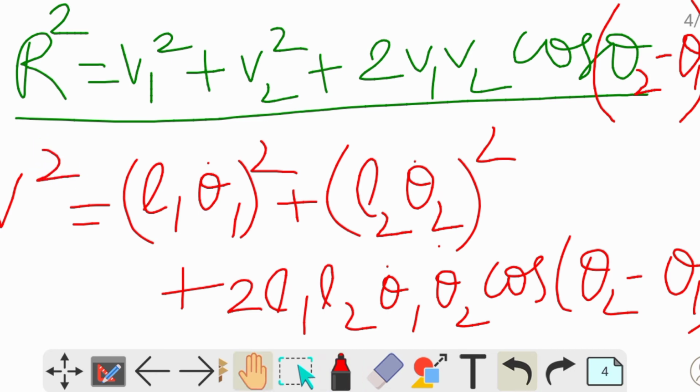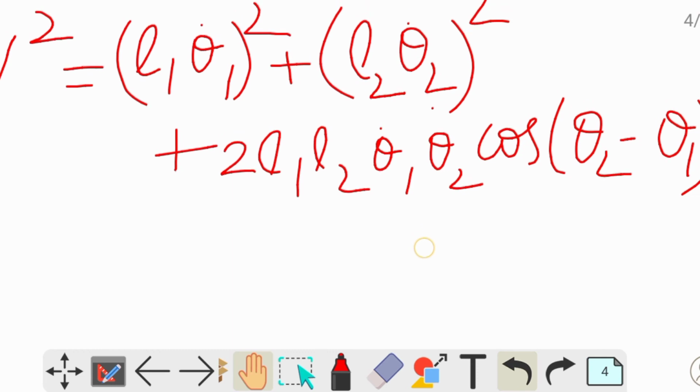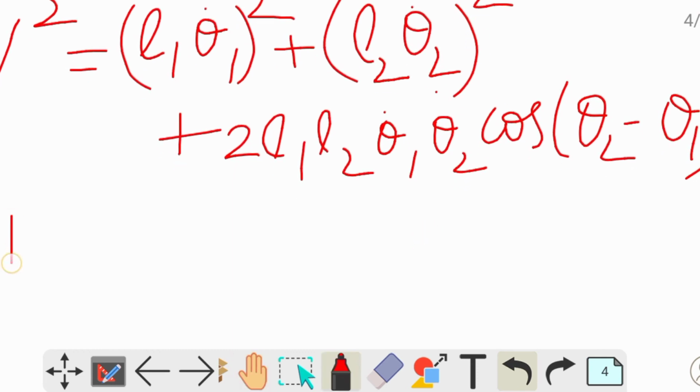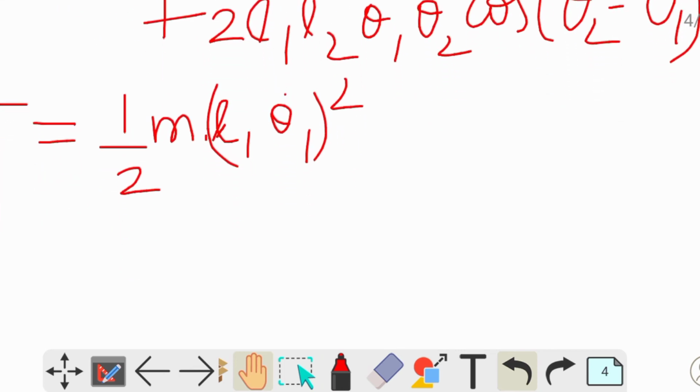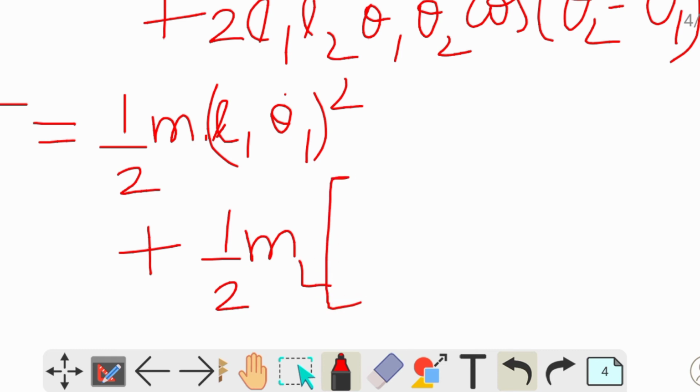Now you know the kinetic energy: for the first pendulum it is half m1 l1 theta 1 dot square, and for the second pendulum of mass m2 it is half m2 times this whole resultant velocity square.